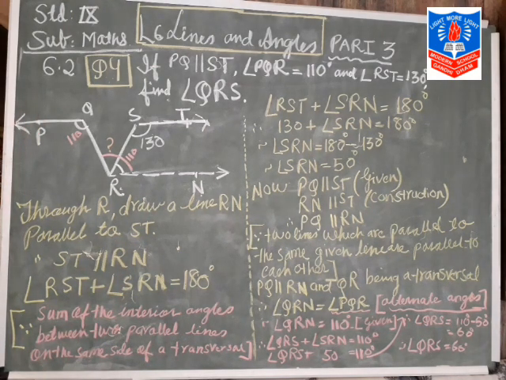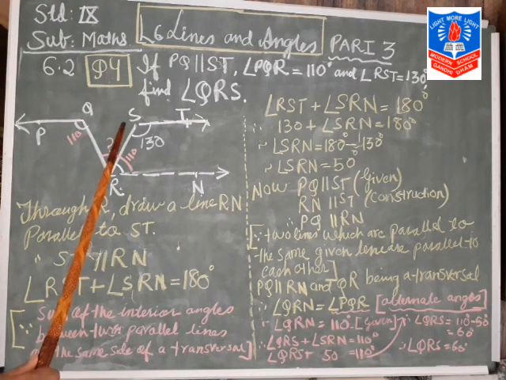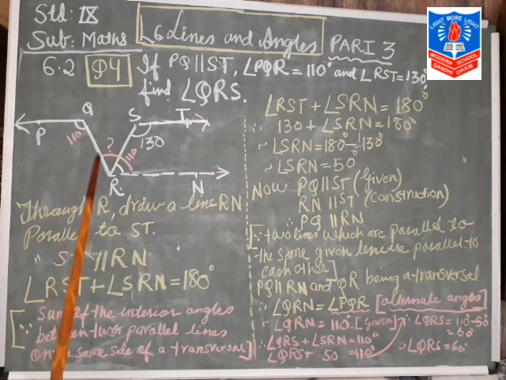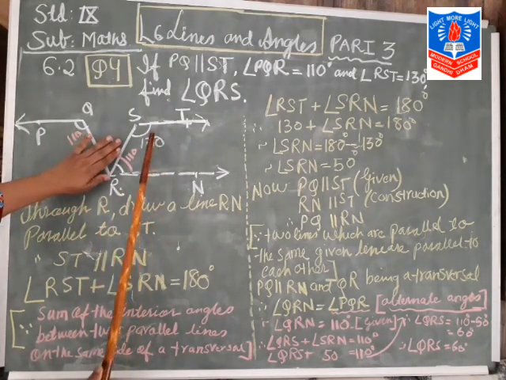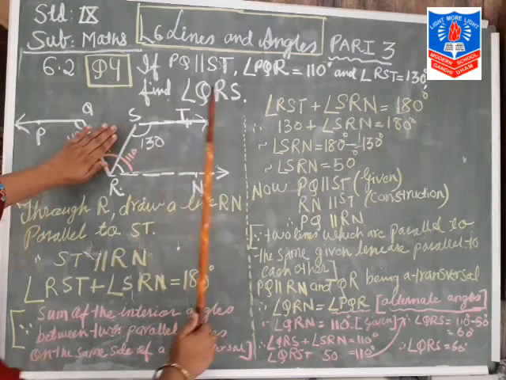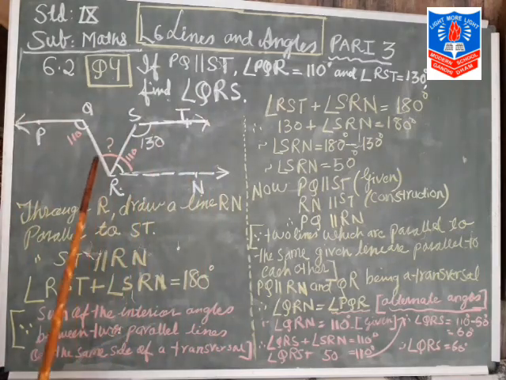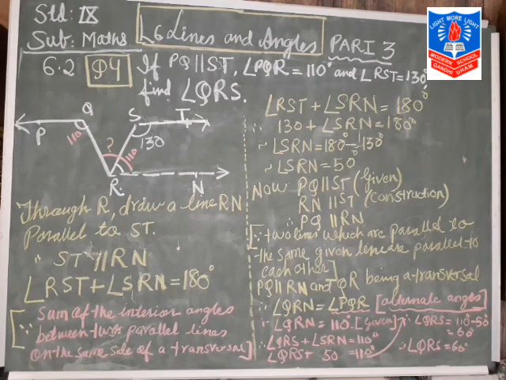Again, repetition. PQ is parallel to ST, PQR is 110, RST is 130. Only this is given, find QRS. Now what to do? It's a completely different question, but here a hint is given. Through R, draw a line RN parallel to ST. So we get the interior angles on the same side of a transversal, 130, so SRN you will get 50.